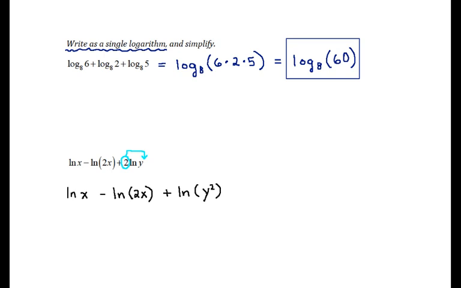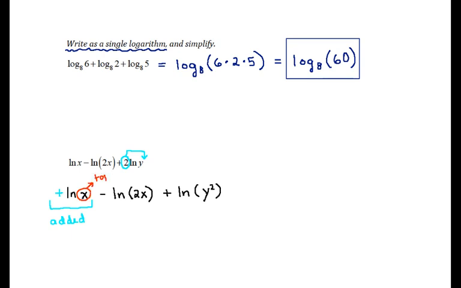I can apply both properties 2 and 3 at the same time if I just think of this as a string of added and subtracted logs and keep track of which ones are positive. If the whole logarithmic term was added, then its argument, in this case x, goes into the numerator.